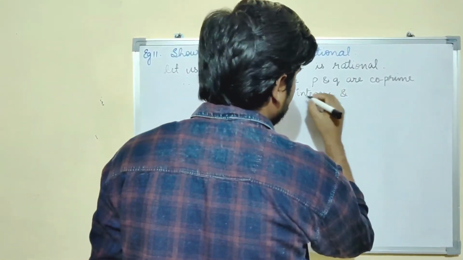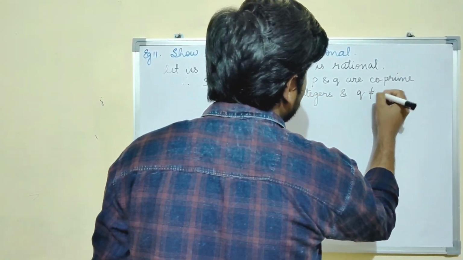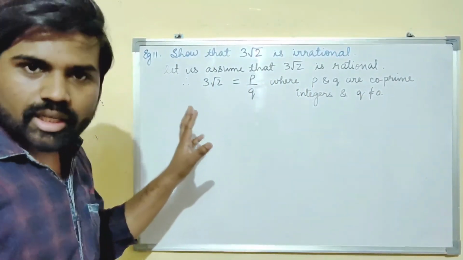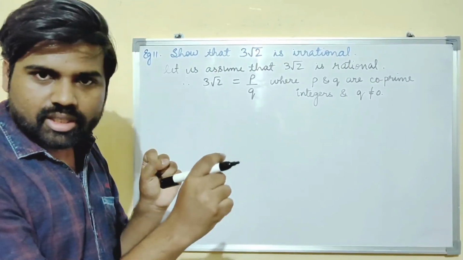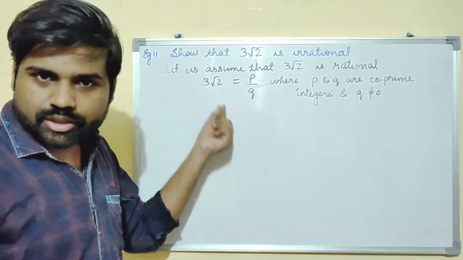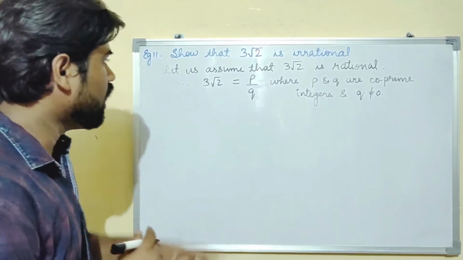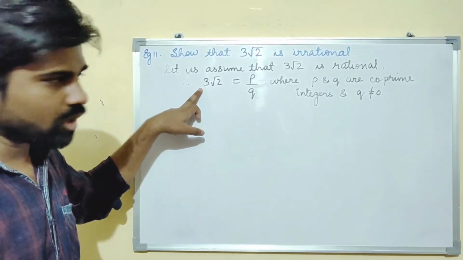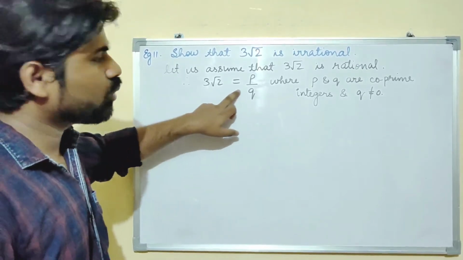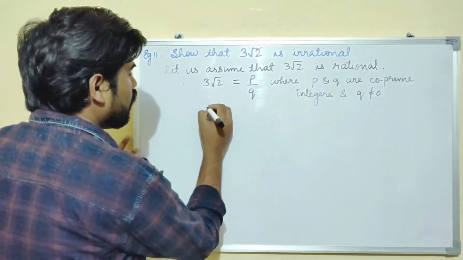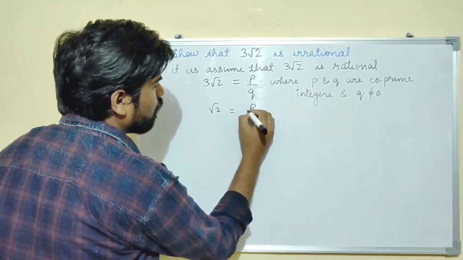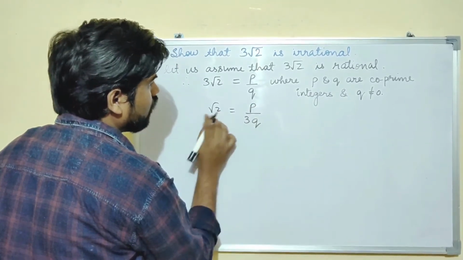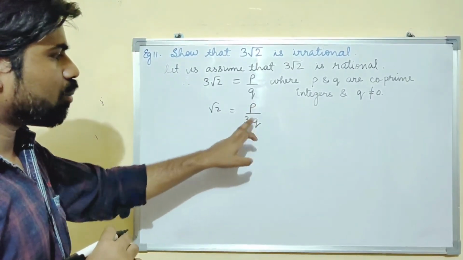Now what did I tell you? You have to just separate the rational number and the irrational number. Here root 2 is an irrational number, 3 is a rational number. Let us bring 3 to the right hand side. You will get root 2 equals p upon 3q.